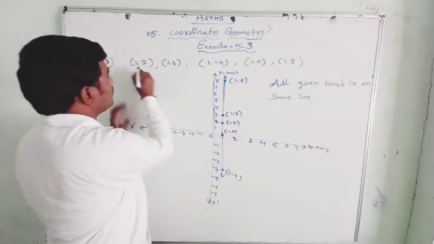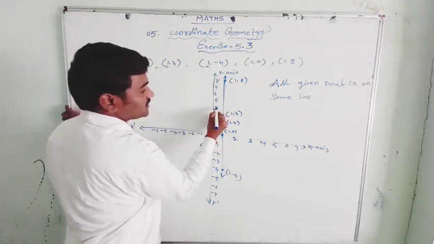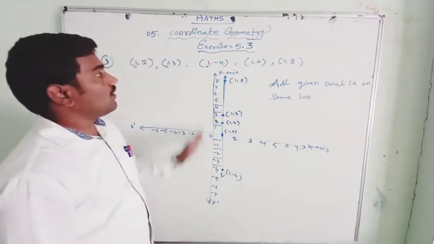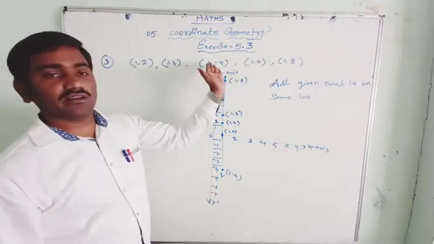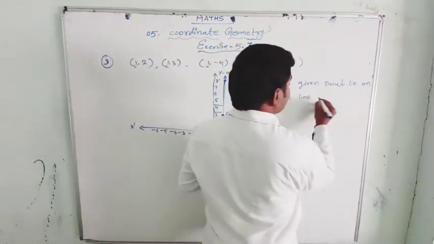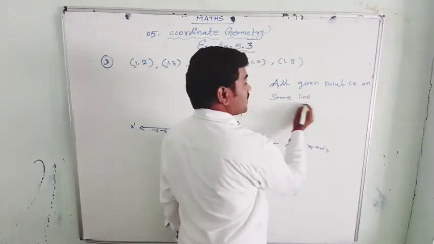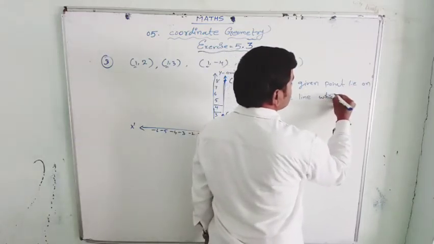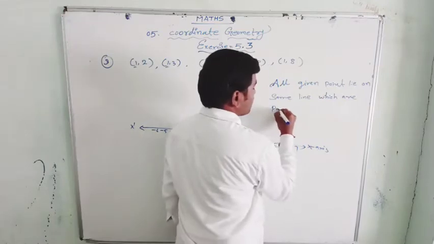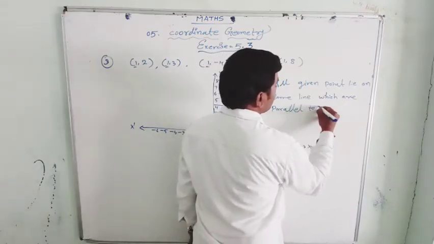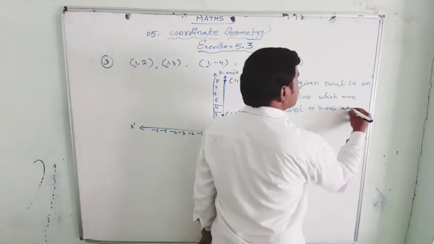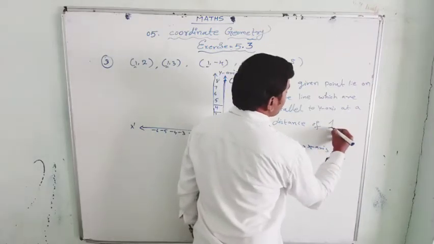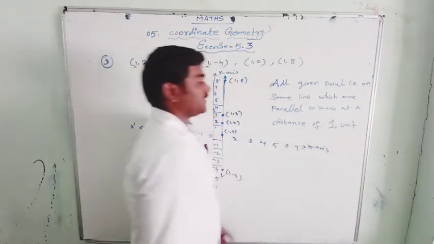See, only 1 unit distance. Here you can see the distance is only 1 unit. You can see only one box. Now all the given points lie on the same line which is parallel to y-axis at a distance of 1 unit.